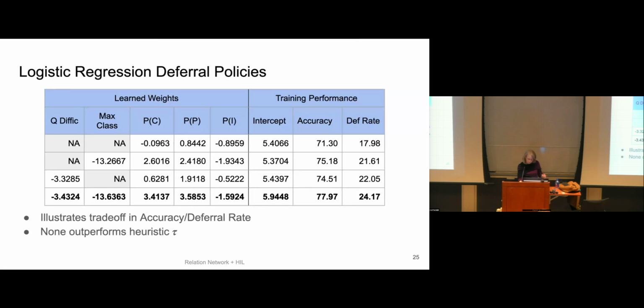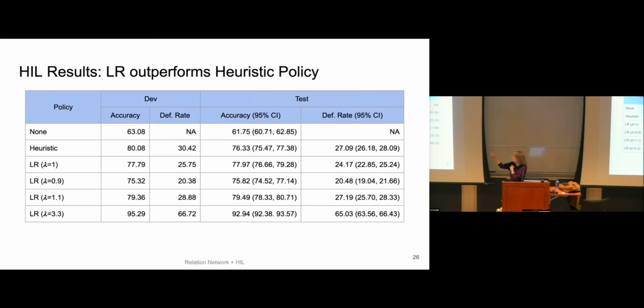Plus, we have this weight parameter on our loss, where we can kind of control our emphasis on accuracy. So when we turn to our final test set, which is this test for the human in the loop system, the heuristic policy drops in both accuracy and deferral rate to below what people would like. Whereas with our learned policy, it generalizes better.